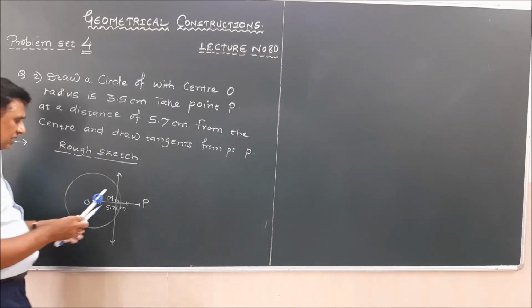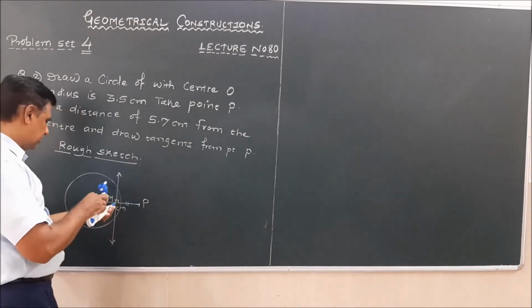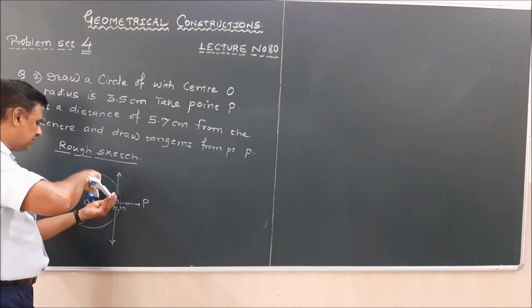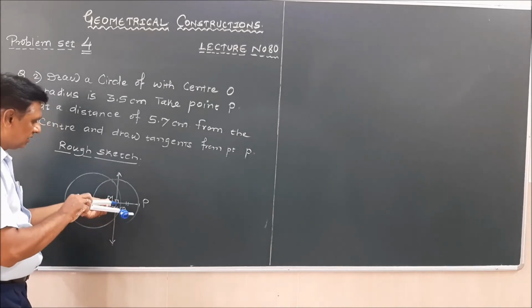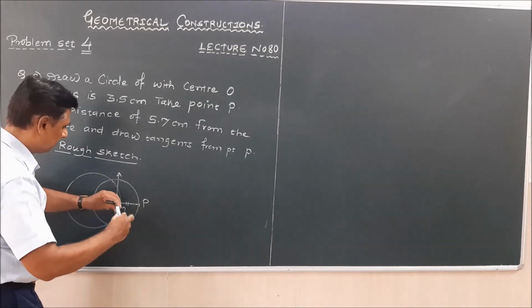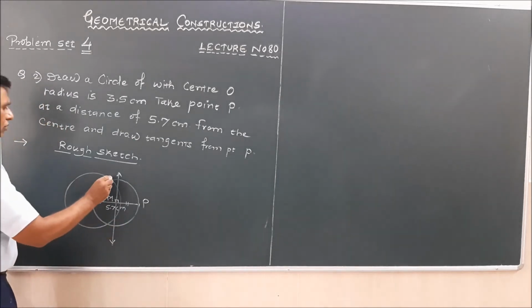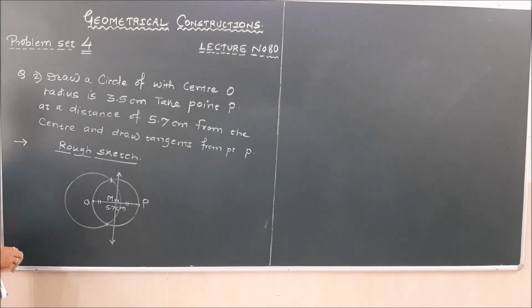After getting point M, draw a circle passing through O as well as P. Draw a circle passing through points O as well as P. Now this newly drawn circle with center M is going to intersect the previously drawn circle of radius 3.5.